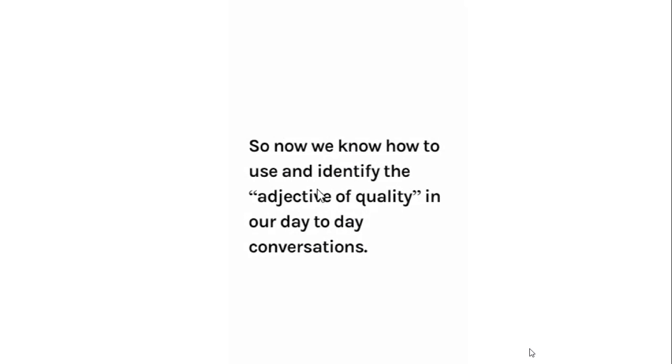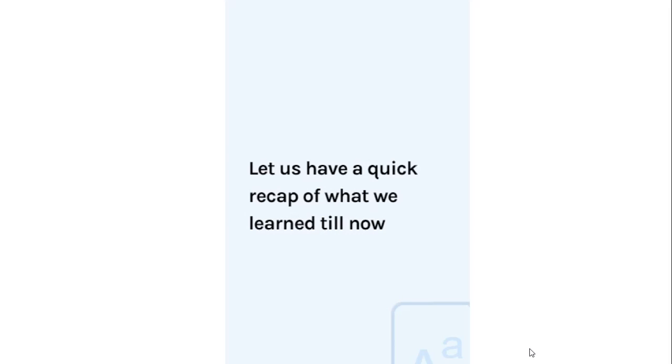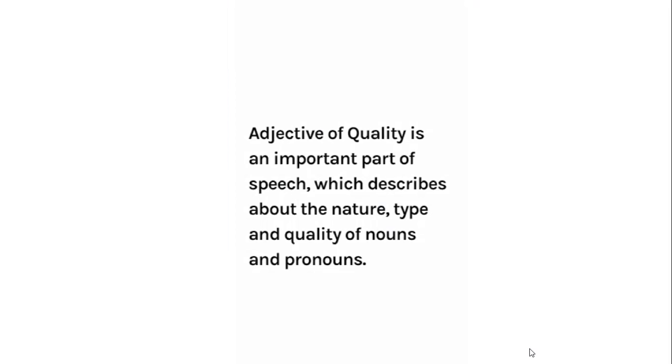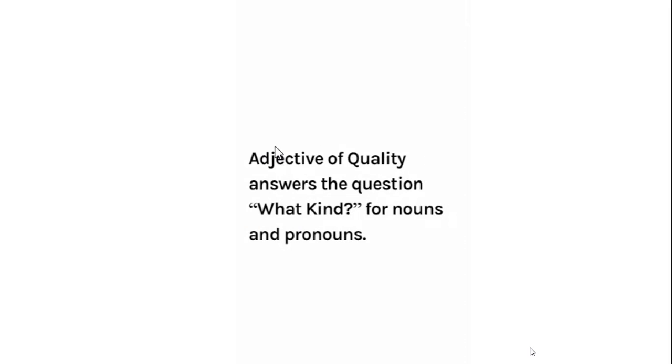So now we know how to use and identify the adjective of quality in our day-to-day conversations, right? Let us have a quick recap of what we learned till now. Adjective of quality is an important part of speech which describes the nature, type and quality of nouns and pronouns. It answers the question, what kind of, for nouns and pronouns.